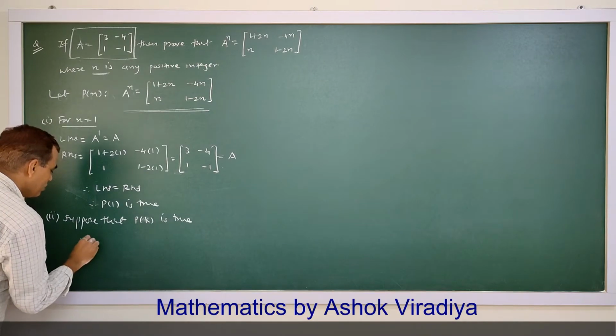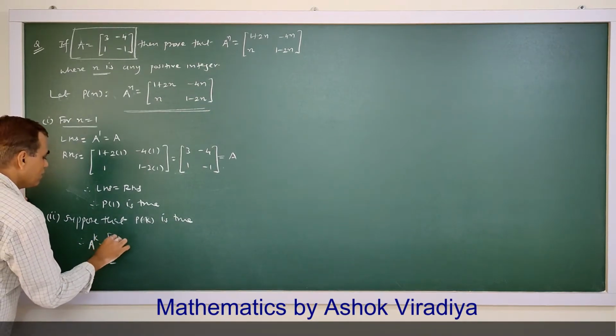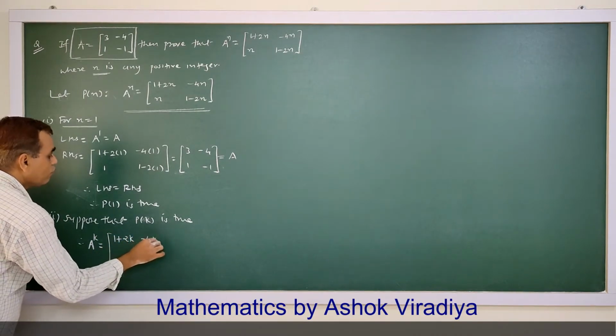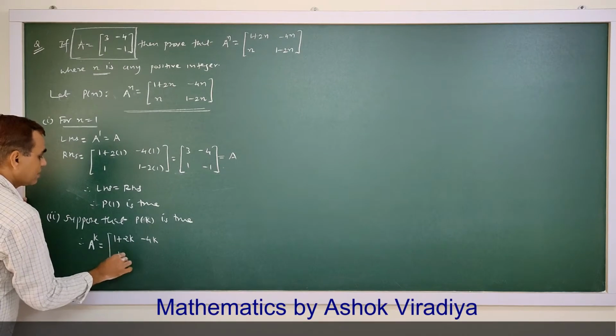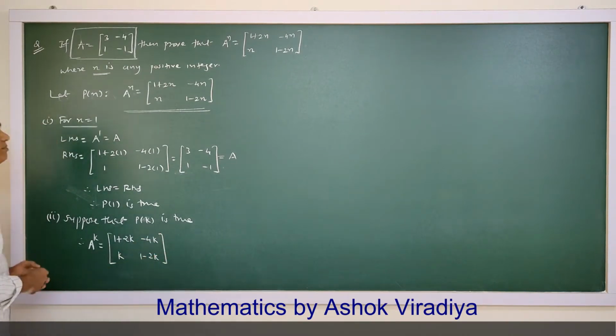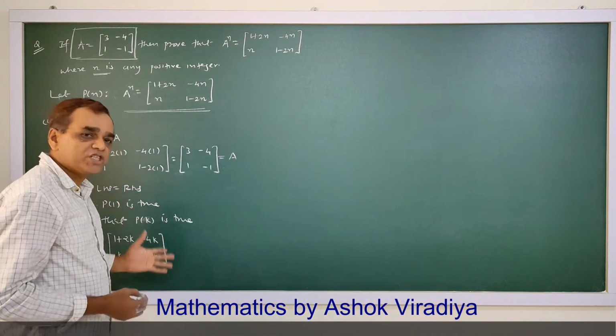So A raised to k is equal to the matrix 1 plus 2k, minus 4k, k, 1 minus 2k, true for n equal to k. So we accept without proof this is true.